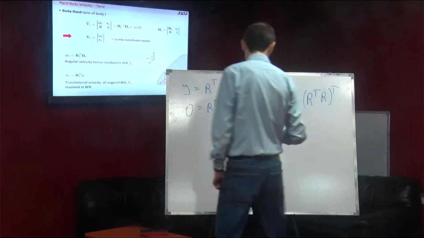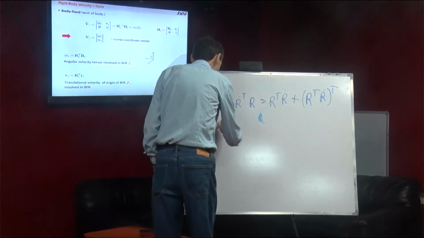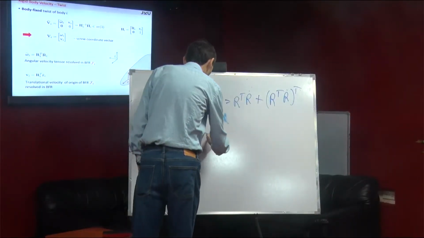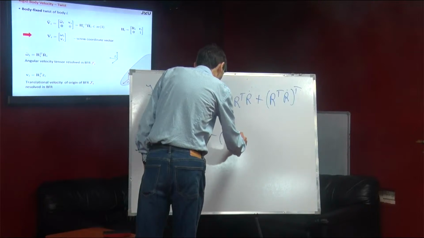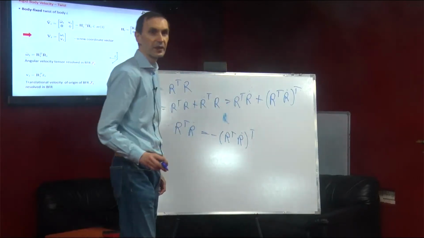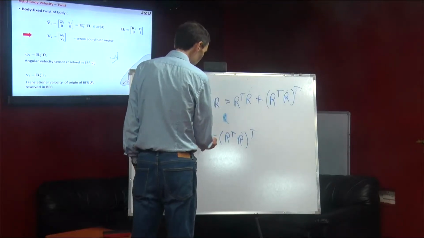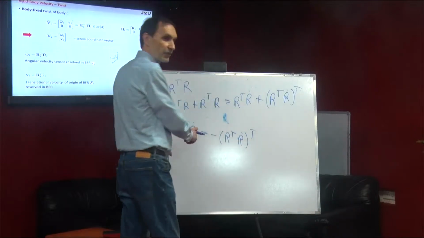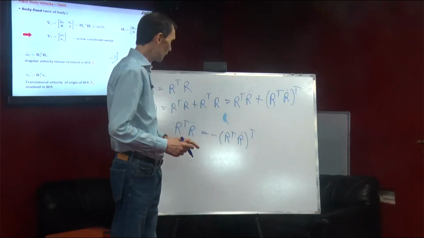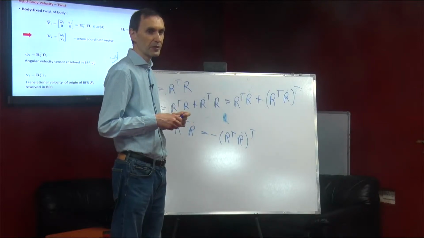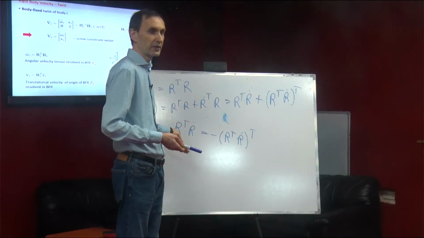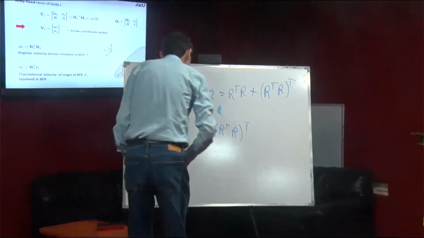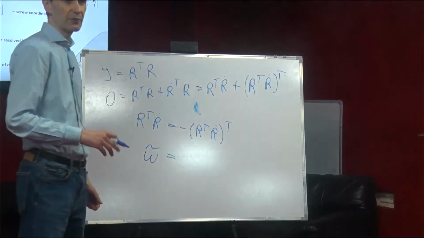On the other hand, if I bring this one to the left-hand side, what we get is minus R transposed R dot, transposed, which means that this guy is certainly skew-symmetric, because this is the definition. The transposed of this matrix is the negative of the matrix, which means this is skew-symmetric. So if I know it's skew-symmetric, then I can say there is a vector that defines the skew-symmetric matrix.